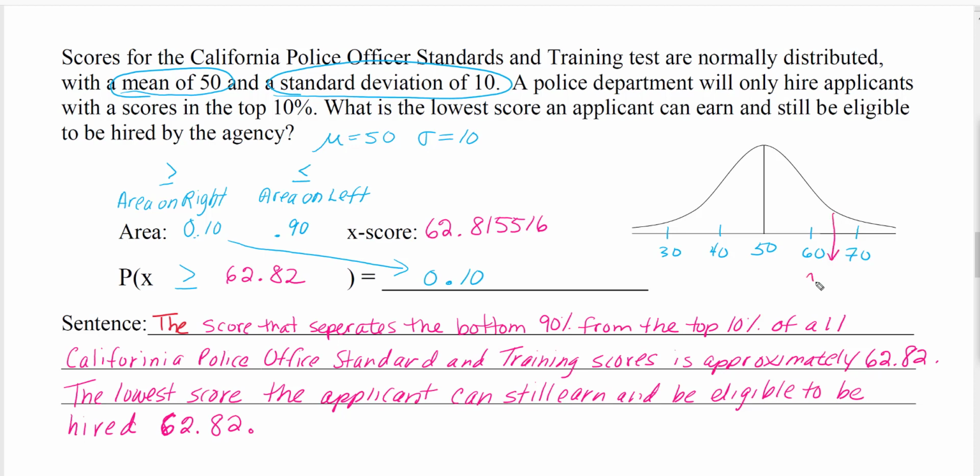Let me label that. X equals 62.82. And let me label the areas on the left and the right here to get full credit. So the area on the left is 0.90, or 90%, and the area on the right is 0.10, or 10%. So there we go. We have completed our problem for full credit.